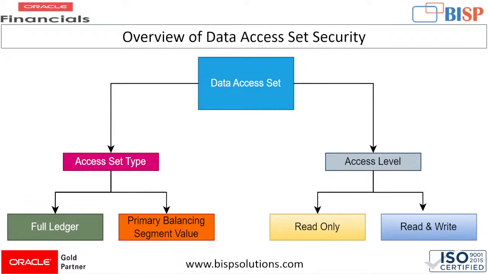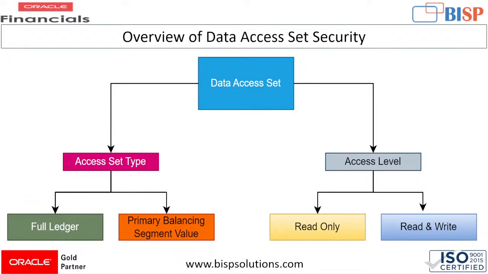So you can combine the ledger and ledger set assignment in a single data access set if the ledgers share a common chart of accounts and calendar. It's very important: the ledgers must share a common chart of accounts and calendar.